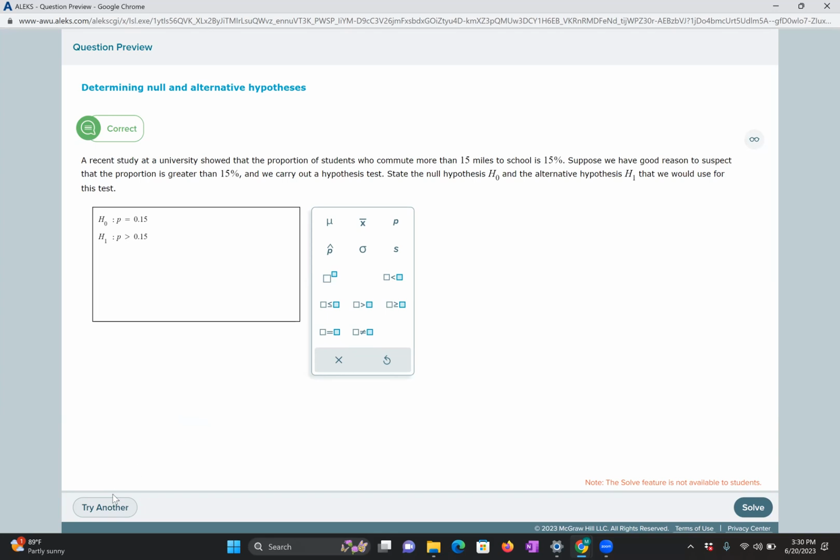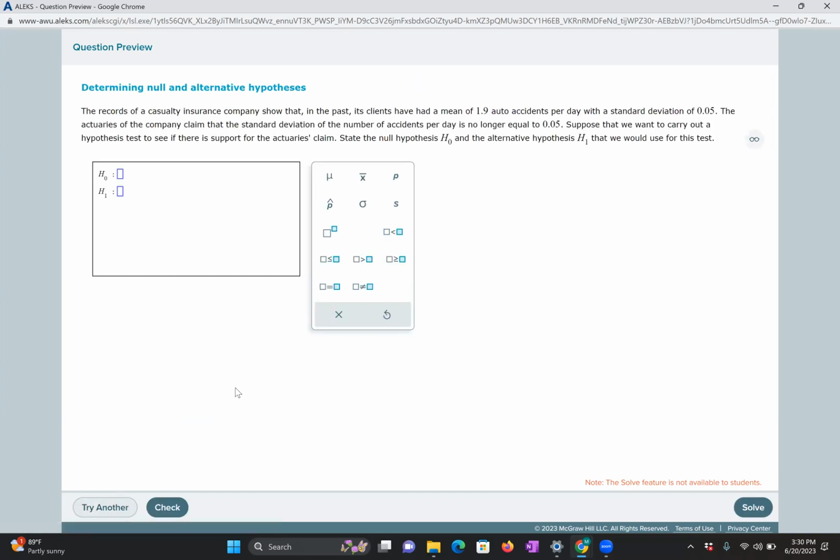Let's do another one of these. You have to read these questions carefully because there are so many little details. The records of a casualty insurance company showed that in the past, its clients have had a mean of 1.9 auto accidents per day and a standard deviation of 0.05. The actuaries of the company claim that the standard deviation, notice that they're using the actual standard deviation, not the variance, of the number of accidents is no longer 0.05.